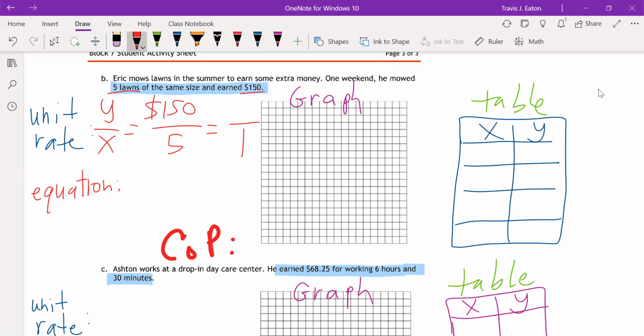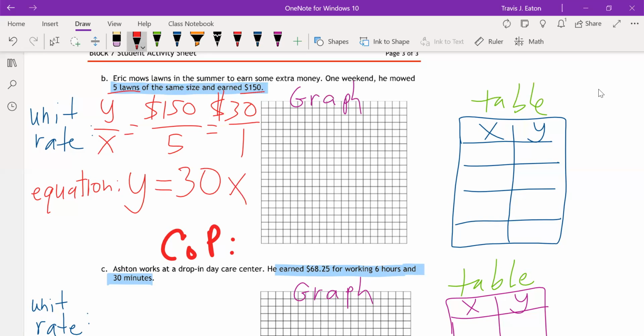Well, 150 divided by 5 is 30. So to change that into our equation, the amount of money that he makes is equal to the $30 that he makes for each lawn that he mows.